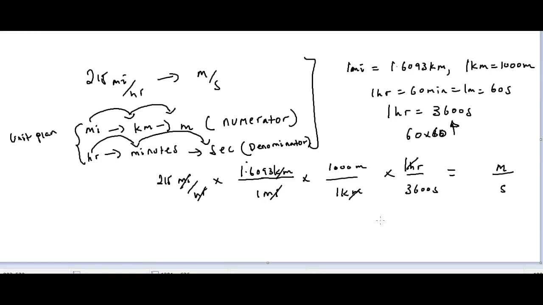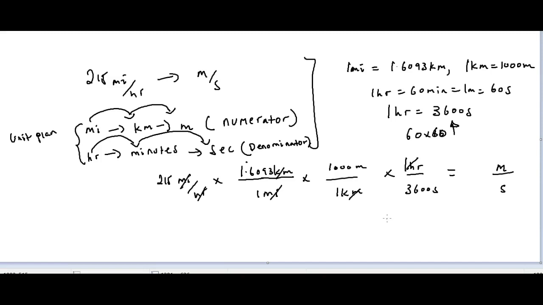Now when we do the calculation, we multiply, again I'm going to use my cell phone here, 215 times 1.6093, times 1000 from the top part. That gives me about 345,999.5. That has to be divided by 3600.